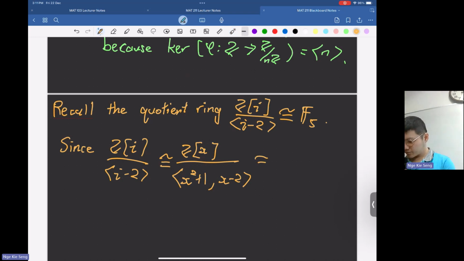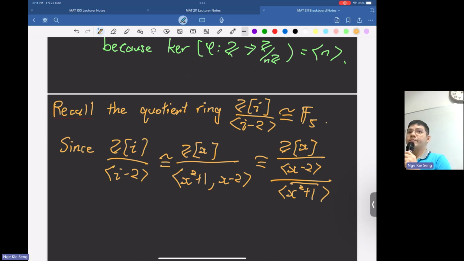So the same logic applies here. We can quotient the polynomial ring by the ideal generated by x minus 2 and then quotient by x squared plus 1. If I quotient Z[x] by x minus 2, what do I get?